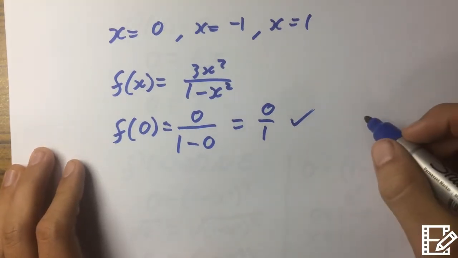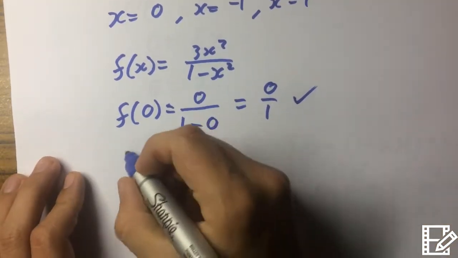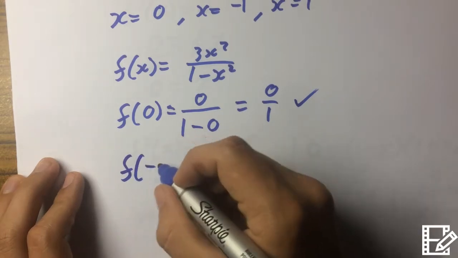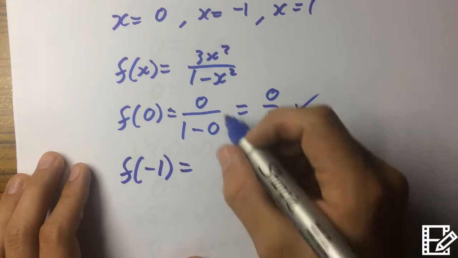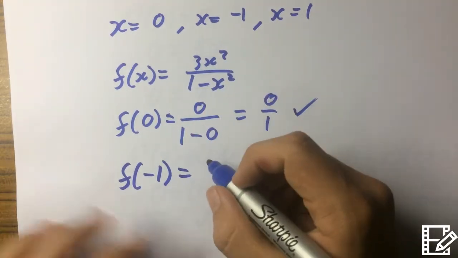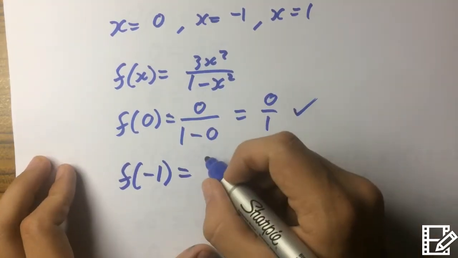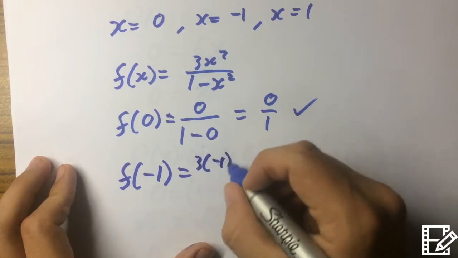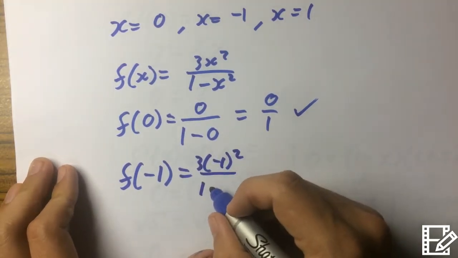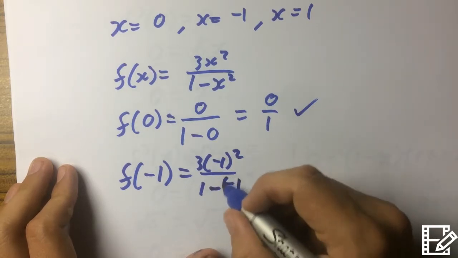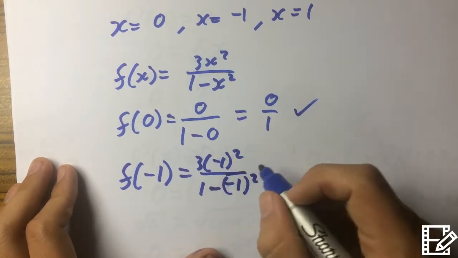So that's defined. Okay. If you were to input negative 1, that'd be 3 negative 1 squared over 1 minus negative 1 squared.